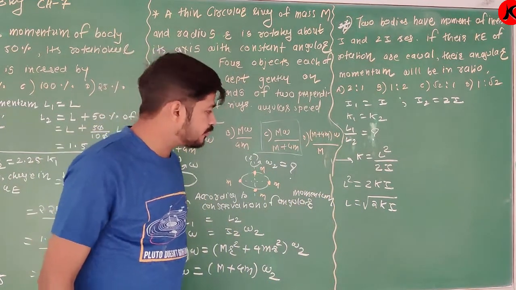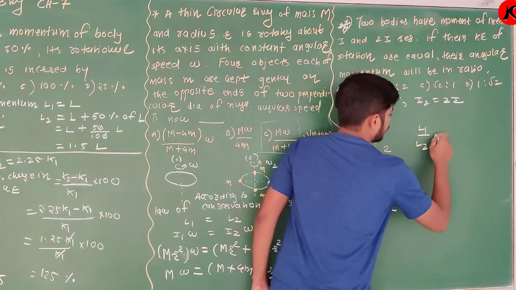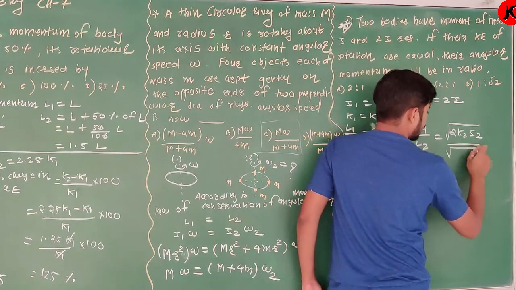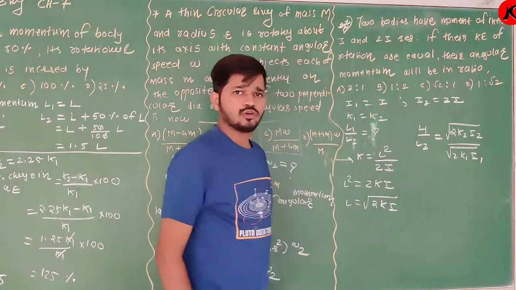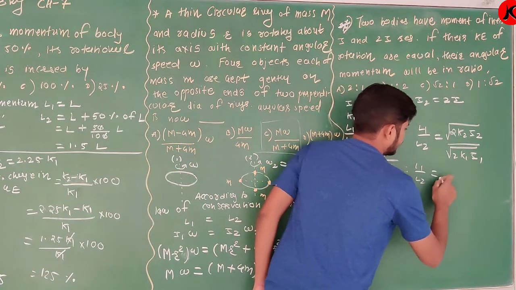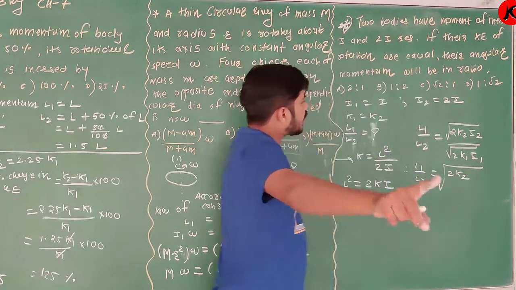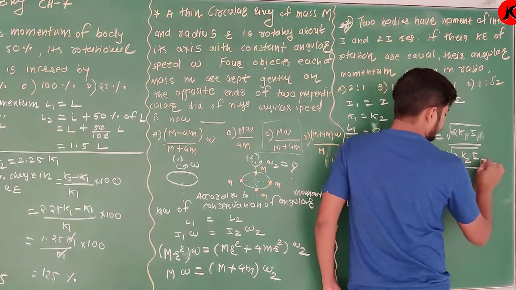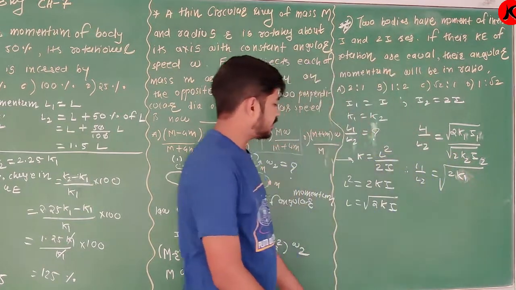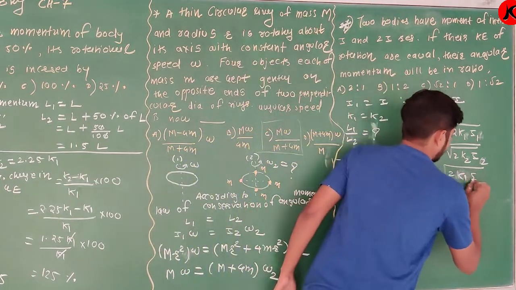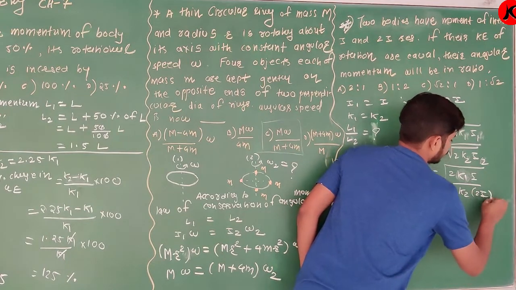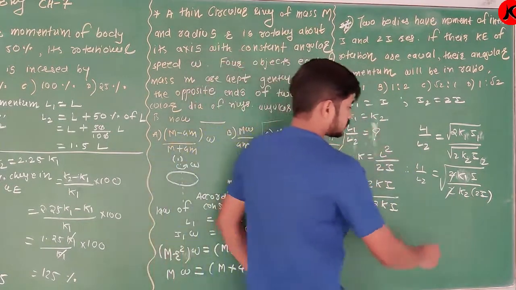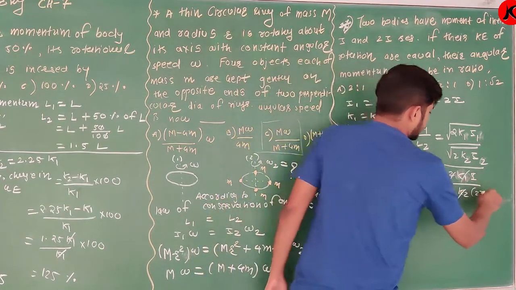Now as you have to find the ratio, L1 upon L2 is equal to under root 2 K1 I1 upon under root 2 K2 I2. Here I1 is I and I2 is 2I. The 2s cancel, K1 and K2 are equal so they cancel, and I cancels.